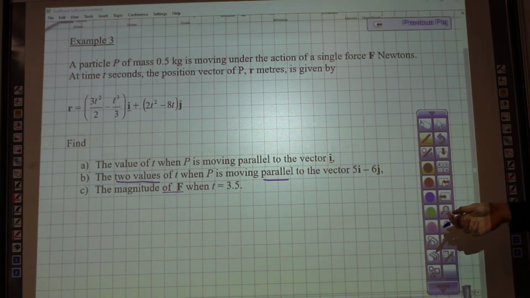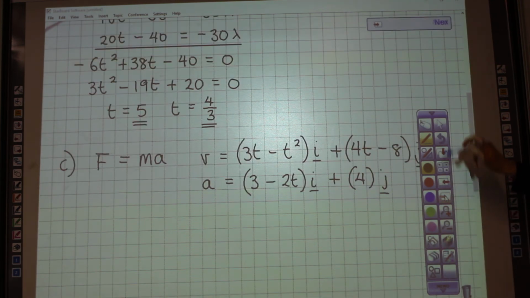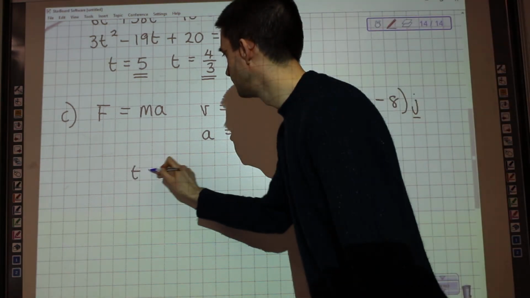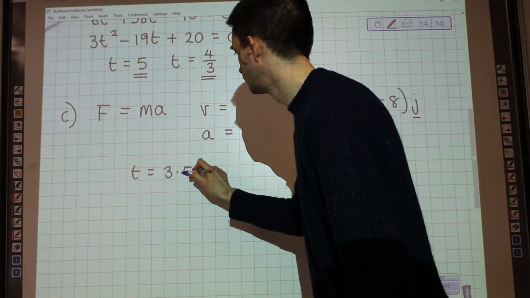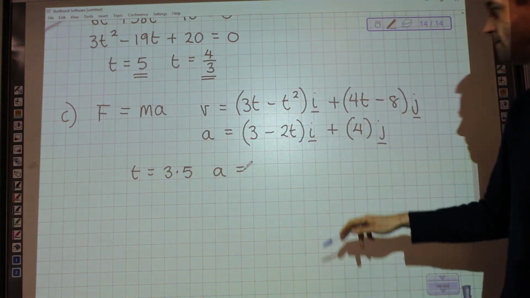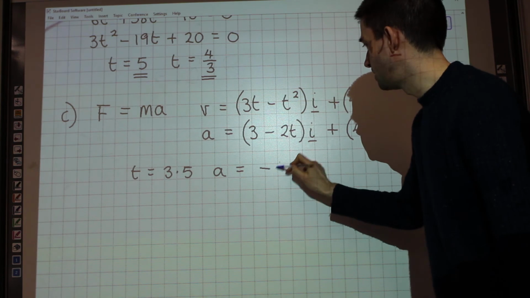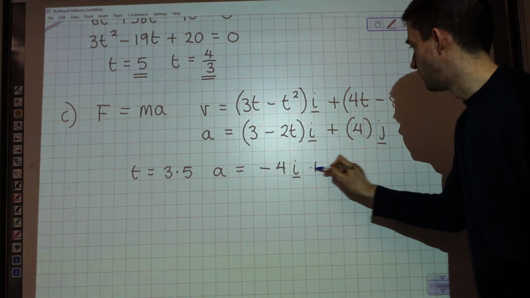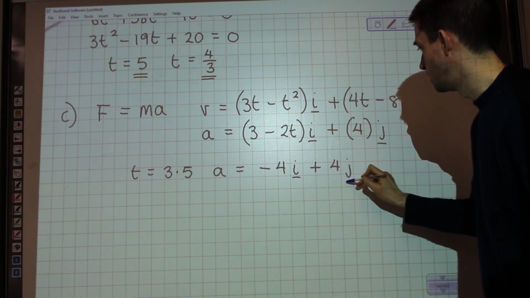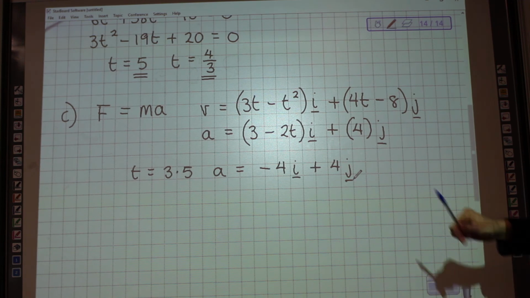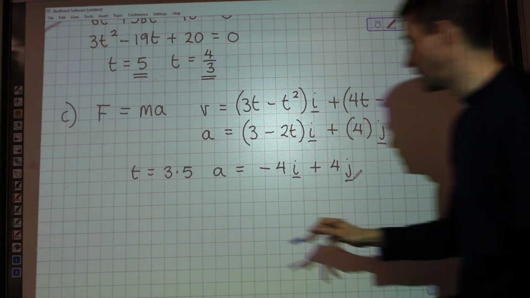So we're asked for the magnitude of f when t equals 3.5. So let's sub in t equals 3.5. Subbing in 3.5 there, we're going to get negative 4i. Subbing in 3.5 there, there's no t to sub into, so we're just going to get 4j. Now that's not the force, that's the acceleration.